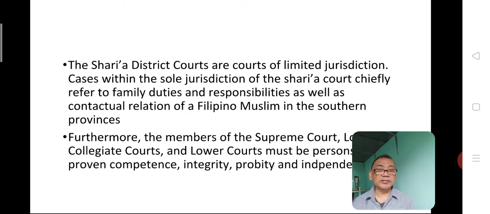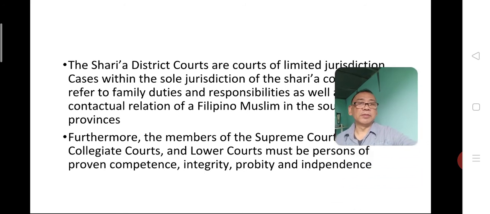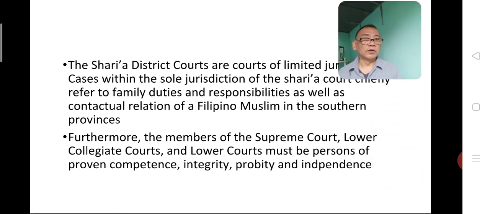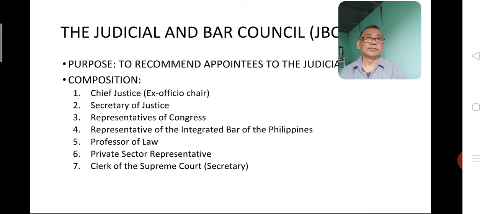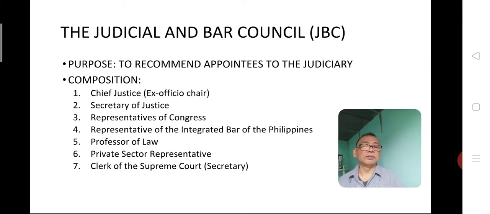If you're a Muslim, then they are allowed, especially yung lalaki, allowed to marry up to 4 times, no. So furthermore, the members of the Supreme Court, lower collegiate courts, and lower courts must be persons of proven competence, integrity, probity, and independence.